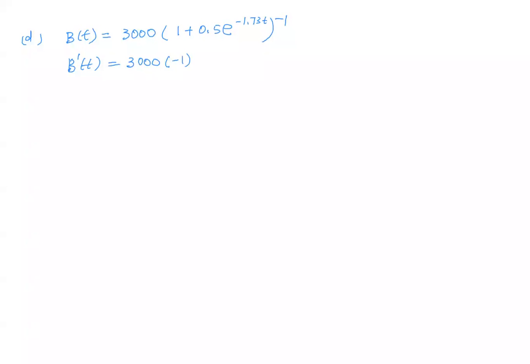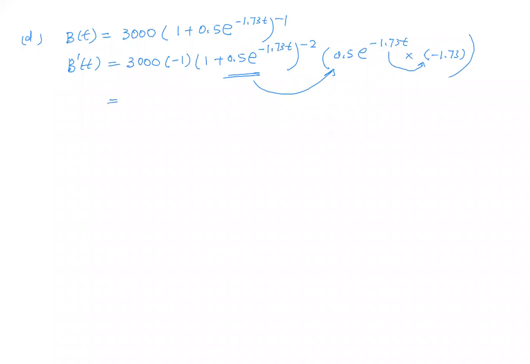Multiply by the power, copy down the whole thing. Power take away 1, then time by the derivative of whatever inside the bracket. That is 0.5 e to the power of negative 1.73t, also copy down the whole thing. Then time by the derivative of the power, that is negative 1.73. Then after that, you use your calculator, take all this and multiply.